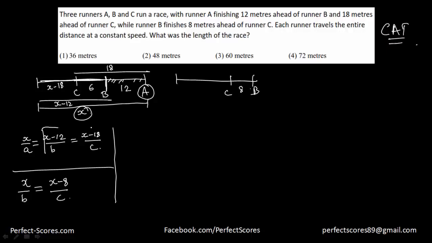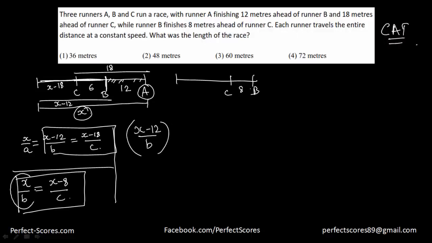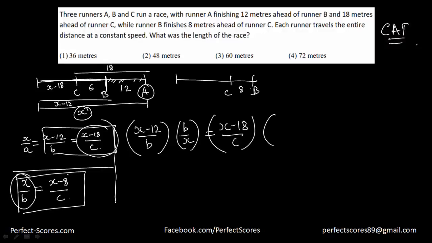Now I can clearly use both these equations and just divide them. I can say x minus 12 divided by B, divided by this over here, which becomes B by x, is equal to x minus 18 divided by C, divided by C by x minus 8. So you can clearly see the C and B go away.